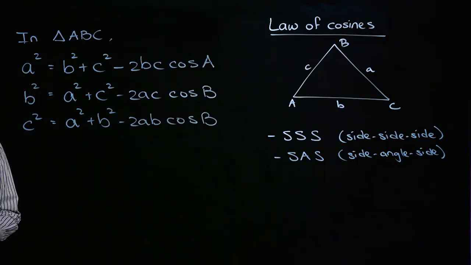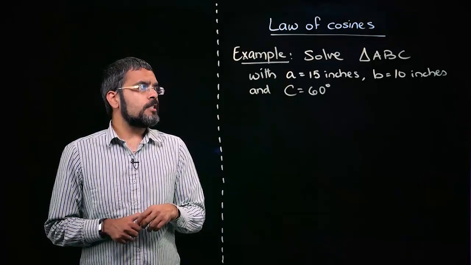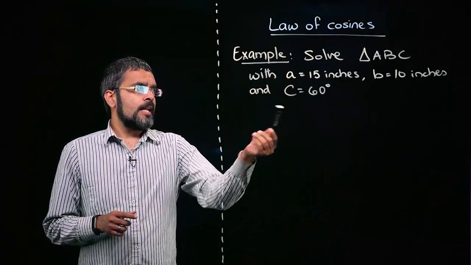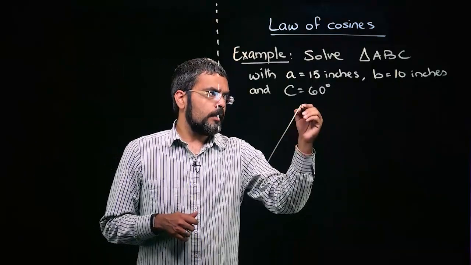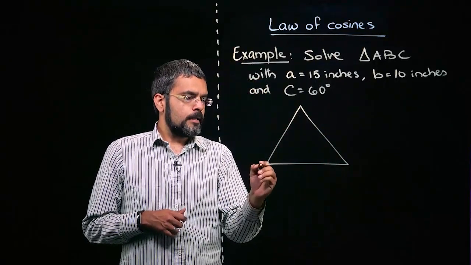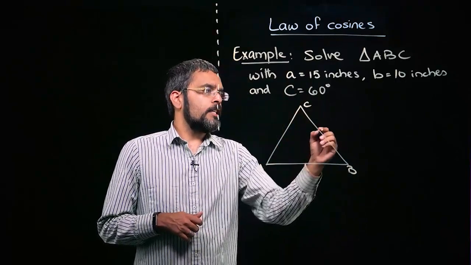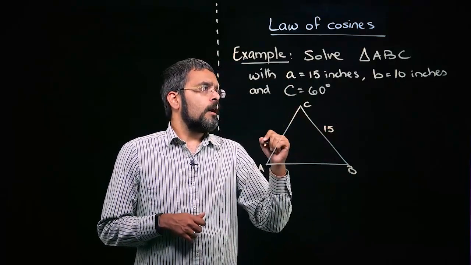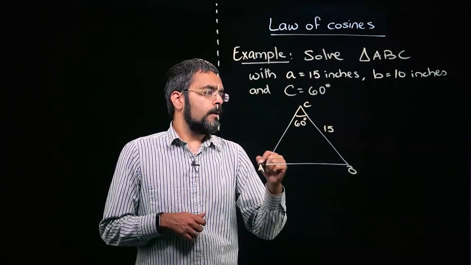And so let's go ahead and take an example. I want to solve a triangle ABC with a equals 15 inches, b equals 10 inches, and C is 60 degrees. So let's go ahead and draw our triangle here. Let's say this is A, B, C, and a is 15, C is 60 degrees, and b is 10.